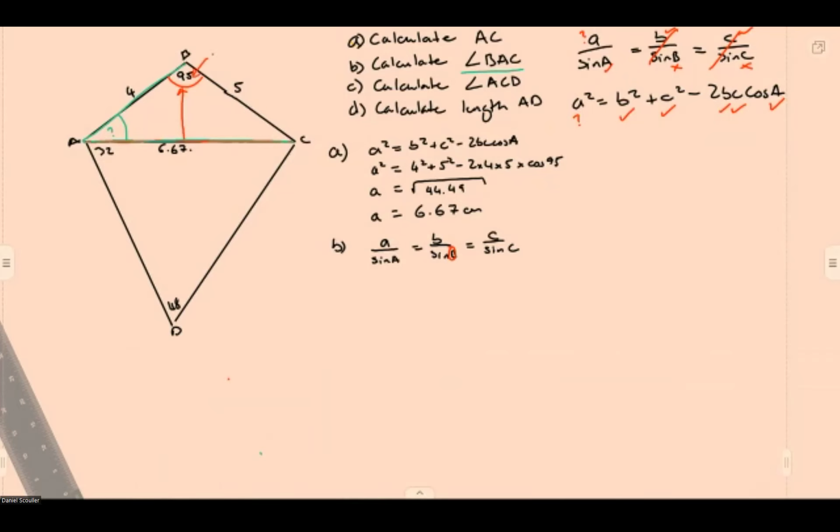I'm going to put them in. As long as the side is opposite the angle, you can name it in here. B is going to be opposite the missing angle, so in this case it's going to be 5, and we're missing sine of the missing angle. Let's call it X. Okay, does that make sense so far? And we only need to use 2 parts, so we don't need that third part.